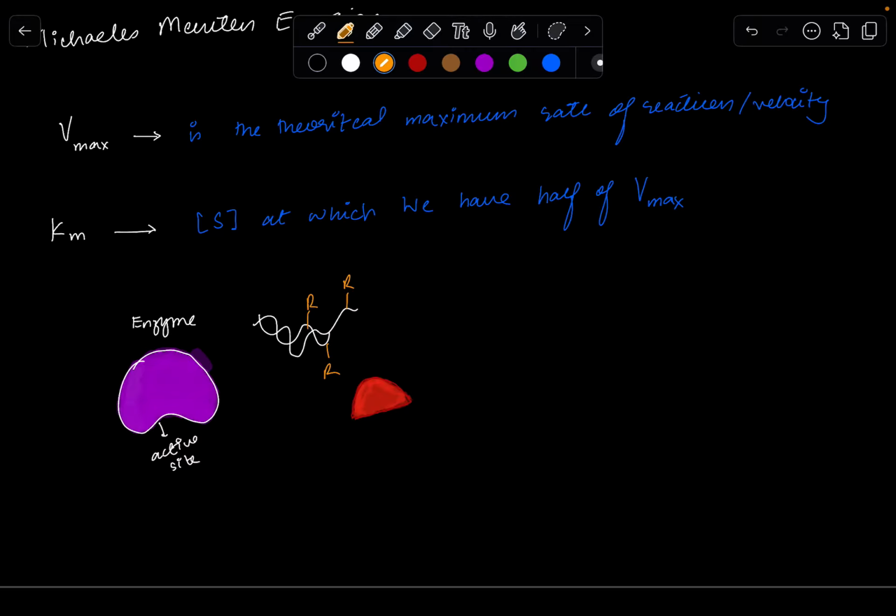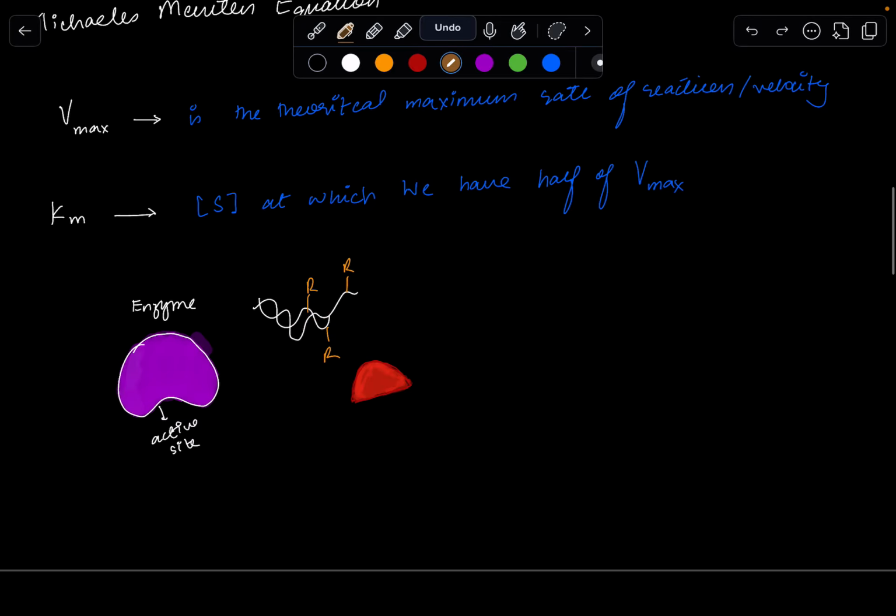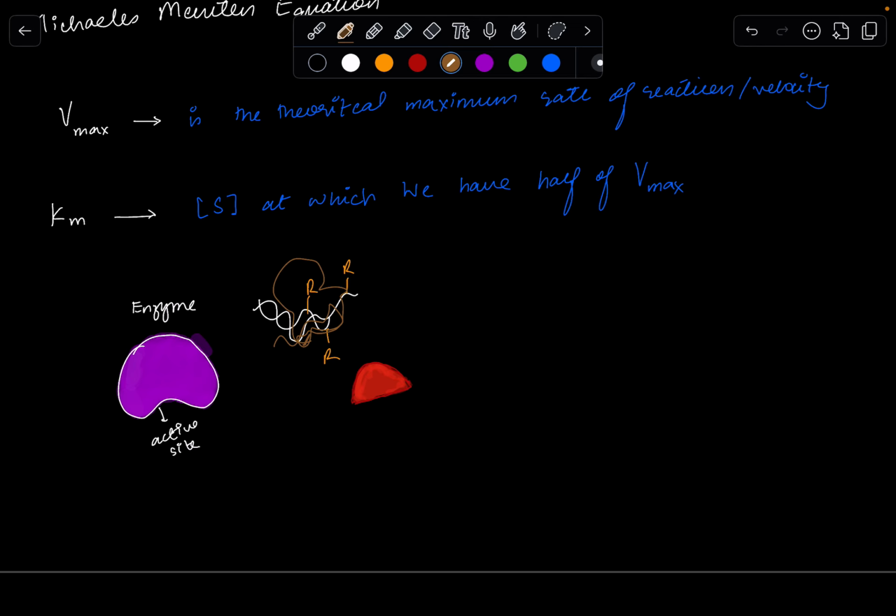And so when these polypeptide chains mix together and form, let's say, an active site, let's say this region is the active site, you'll see a bunch of R groups, maybe some other chemical groups sticking out.